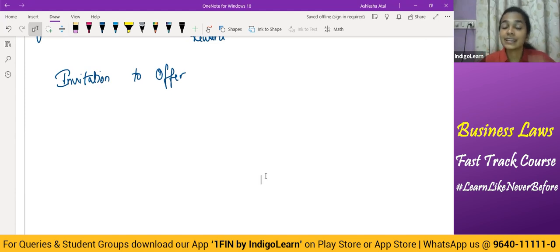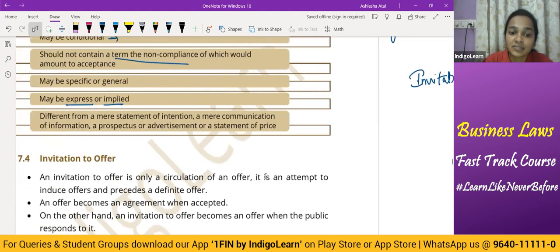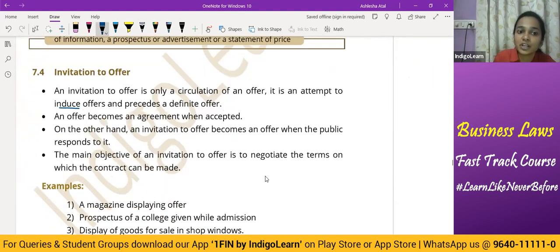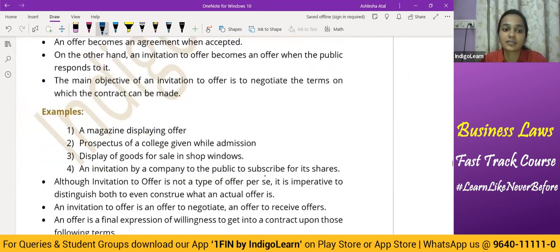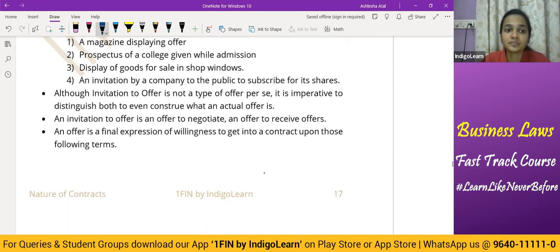It is basically inviting people to come forward and make an offer. So an invitation to offer is only an attempt to induce offers, and it precedes a definite offer. Precedes a definite offer basically means that it comes before a definite offer is made. So there are different examples: magazine displaying offer, prospectus, display of goods in shop window.